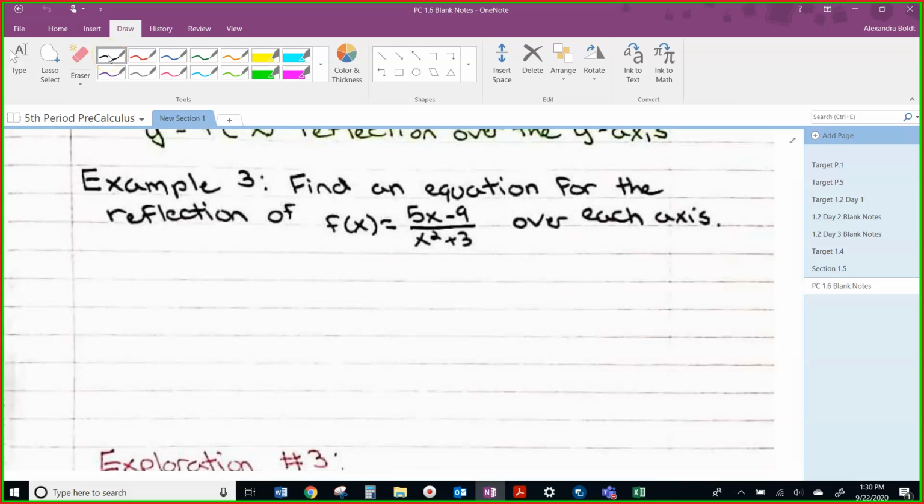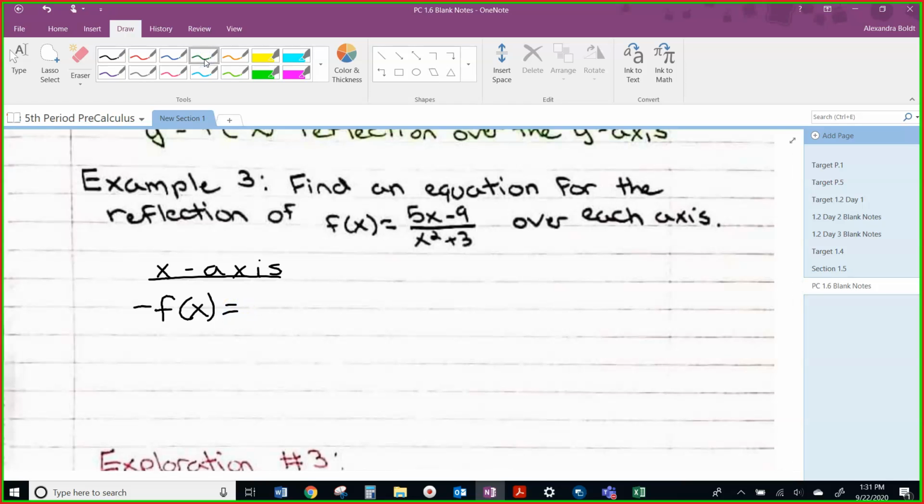So when I go to flip that over our x-axis, what I'm doing is I'm doing the opposite of f of x. So negative f of x.